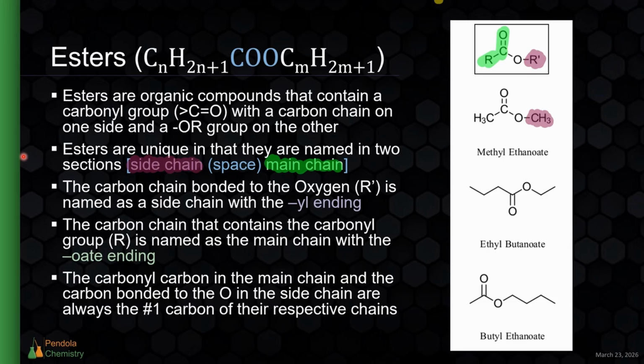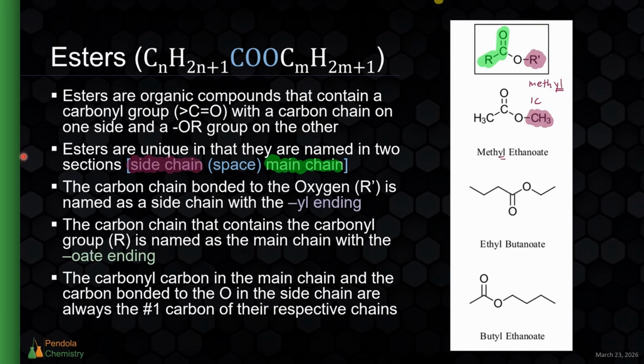So in this case, we have a 1 carbon side chain in this ester. And again, we can see it's an ester because we have a COO with carbons on both sides. This is a 1 carbon side chain, meaning it's a meth, because it only has 1 carbon, yl, because it's the side chain. So that's going to be the first part of the name, methyl, denoting that O chain.